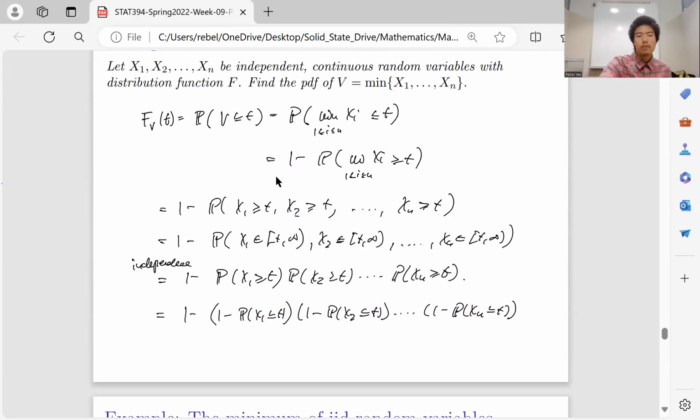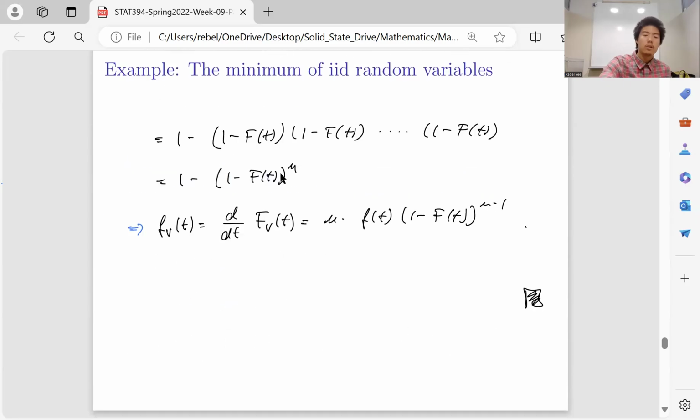And what about if we want to find the PDF? Well, the PDF is just a differentiation once again. So we take d/dt of F_V(t), do the differentiation, and we reach this formula.